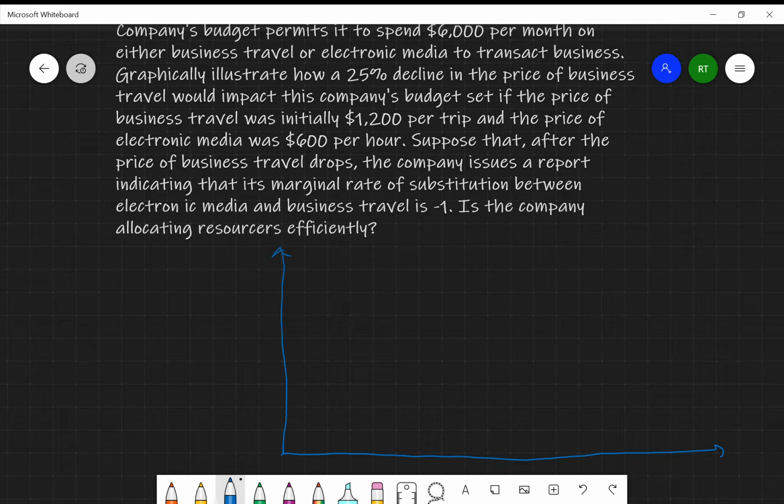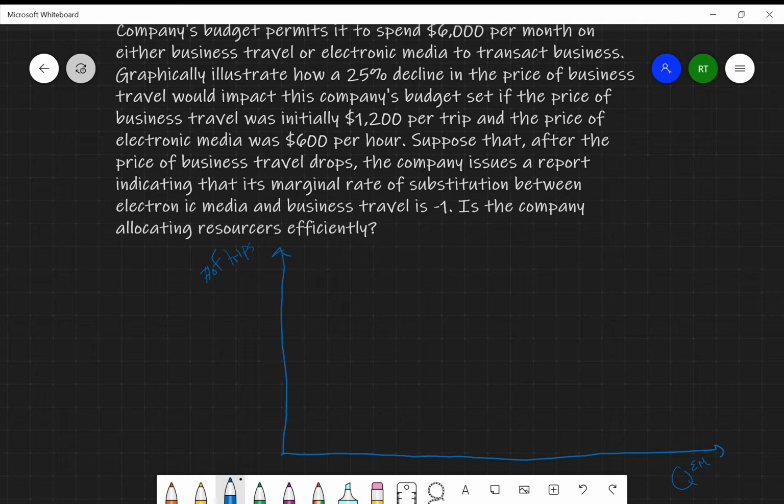We're going to put the quantity of travel over here, so the number of trips. And then on this axis, we're going to put the quantity of electronic media that's used.